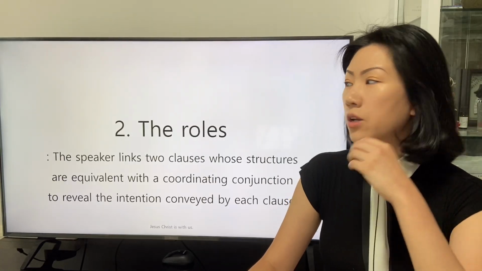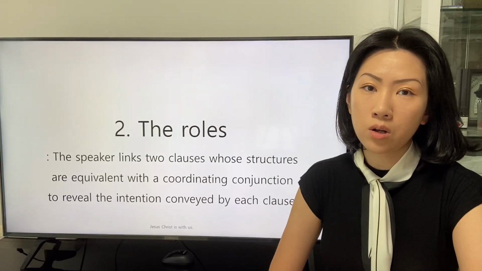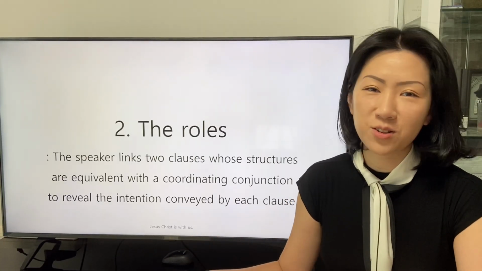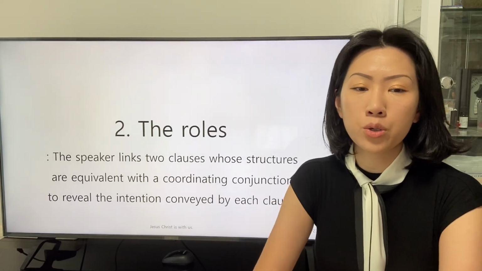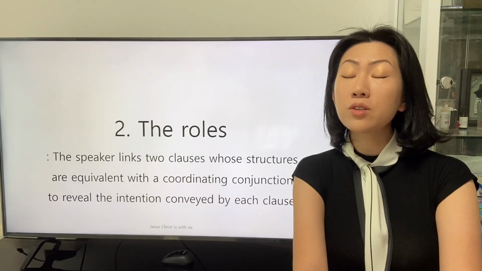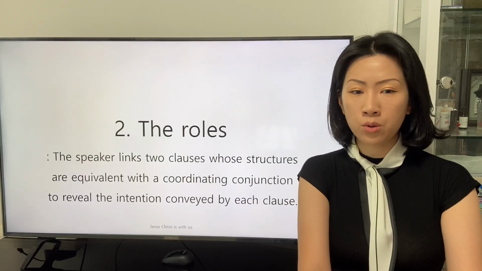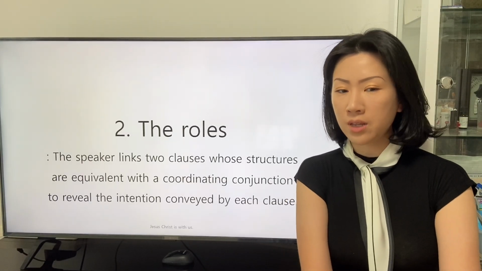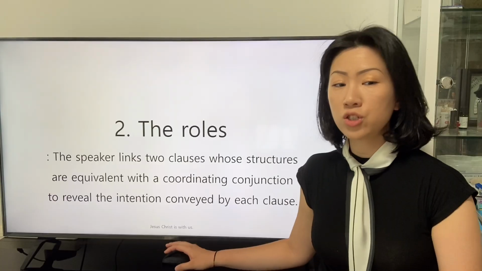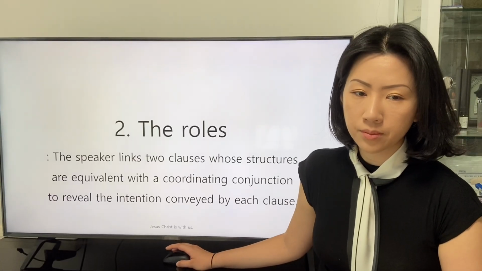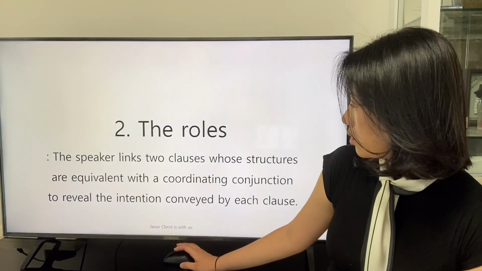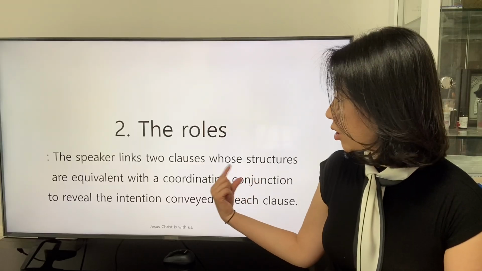Let's start about the roles of coordinating conjunction. The speaker links the two clauses whose structures are equivalent with the coordinating conjunction to reveal the intention conveyed by each clause. Whose structures are equivalent?